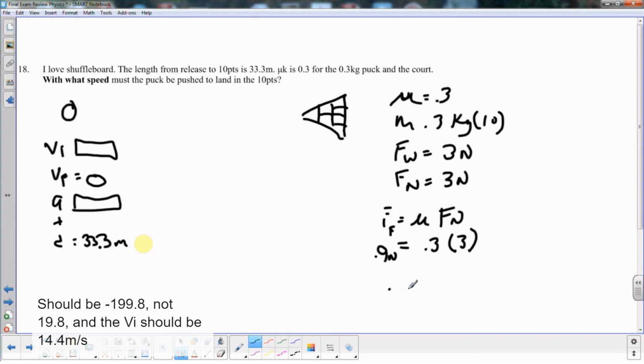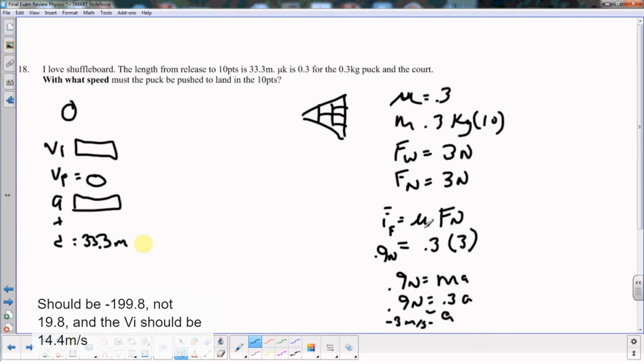And if we remember correctly, 0.9 newtons equals my net force, which equals MA, which equals 0.3 A. So 0.9 divided by 0.3 gives me 3 meters per second squared. There's friction, so we're dealing with a negative. We're slowing it down, negative 3 meters per second squared.